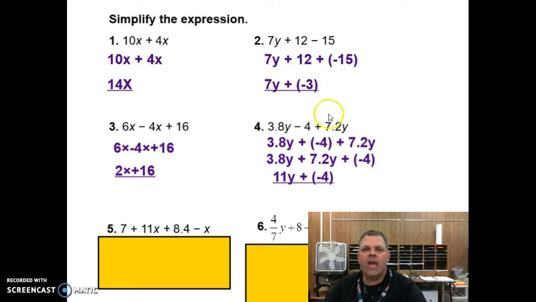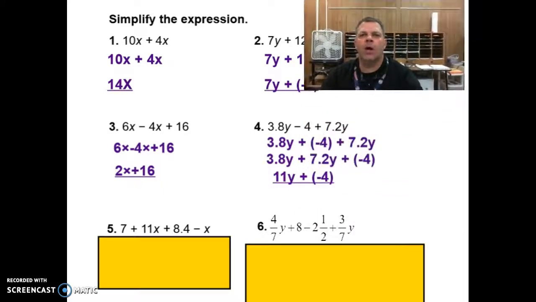In similar fashion, 3.8y plus negative 4 plus 7.2y, we can combine the two with the y. 3.8 plus 7.2 is 11. That equals 11y. Then I add the negative 4 for my answer, 11y plus negative 4. Sorry, I'm jumping around a little bit here so that you can see better.